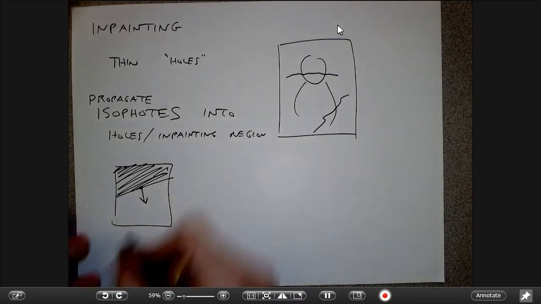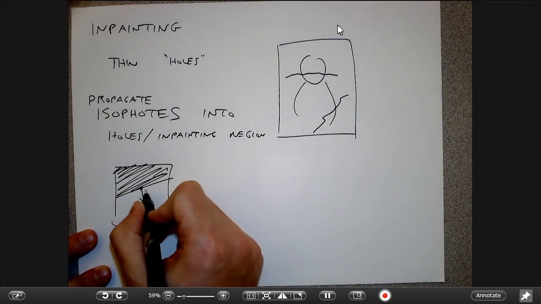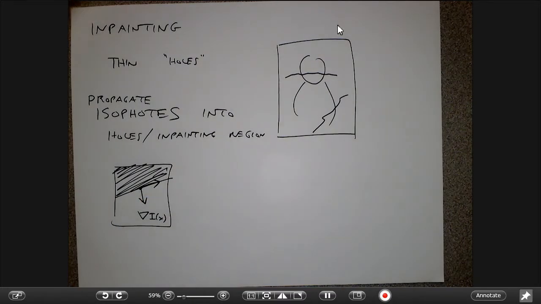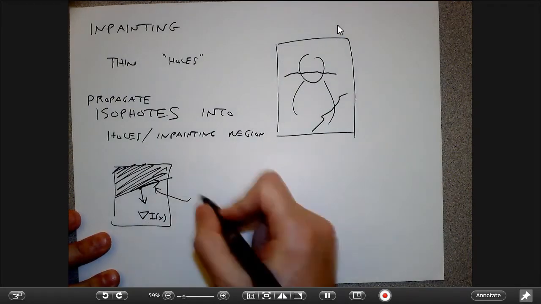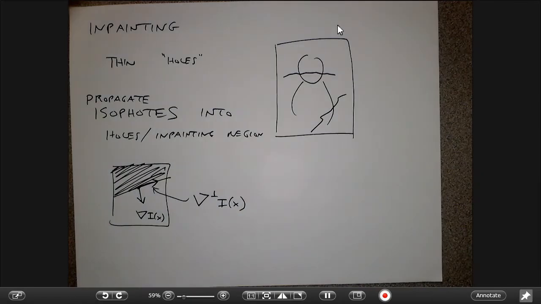This is the gradient of the image at x. What I really care about is places where things are not changing. The direction in which the image is changing the least is perpendicular to the gradient. So this direction here is the perpendicular direction to the gradient at x, okay?